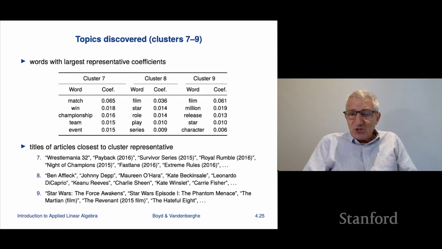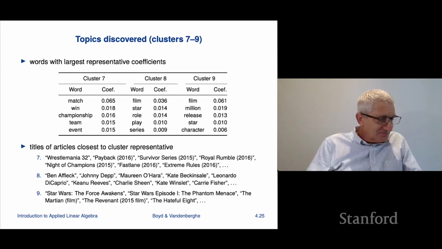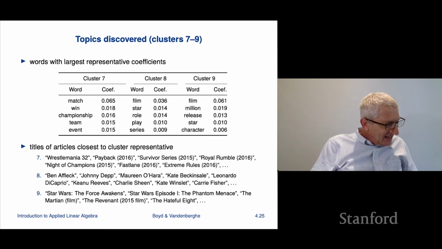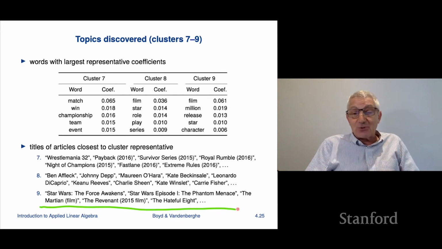Here are clusters 7 through 9: things like match, win, championship, team, event, and cluster 9 is film, million, release, star, character. And then here are the Wikipedia pages closest to that cluster representative.